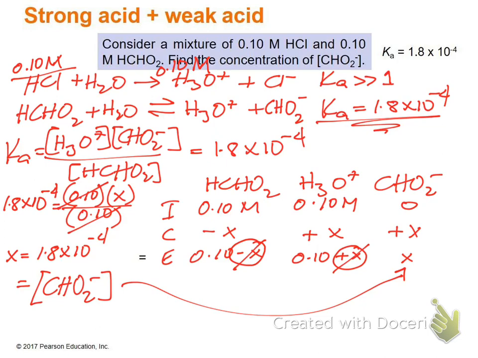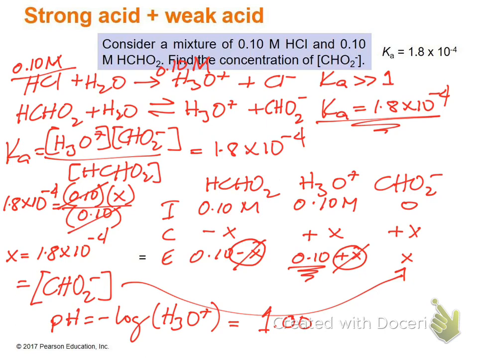As you can see, you can also calculate the pH of this mixture, right? We know the concentration of the hydronium ion, so pH equals negative log of H3O plus concentration, which is essentially equal to 1.00, which is the pH of the strong acid.